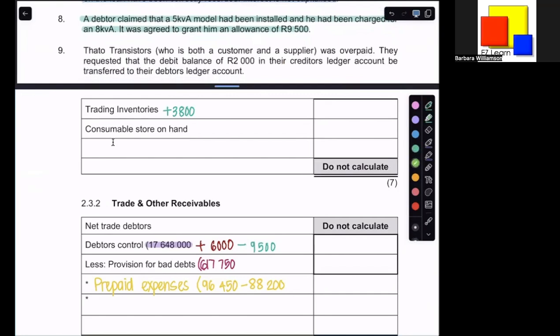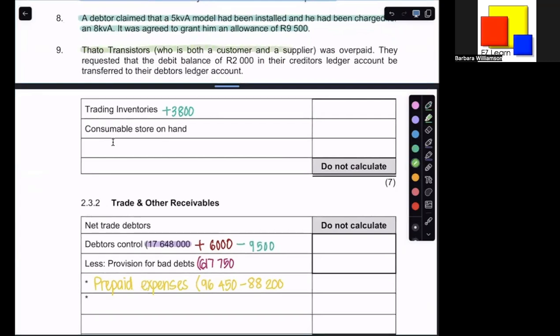Number 9, Tato Transistors, who is both a customer and a supplier, was overpaid. They requested that the debit balance of 2,000 in their creditors' ledger account be transferred to the debtors' ledger account. All that you need to do there is move it from the one to the other.